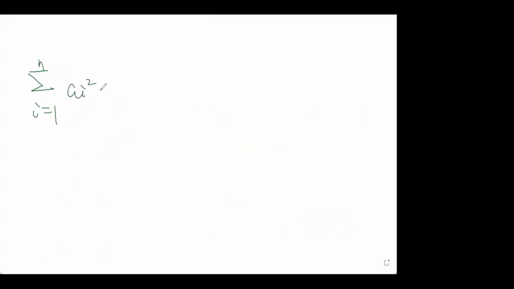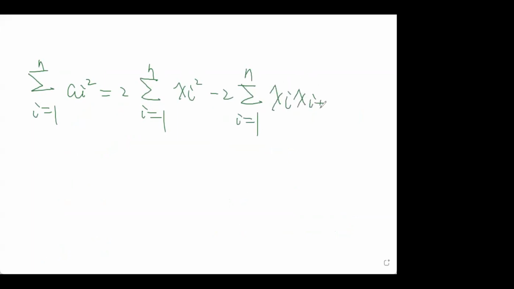So here you write it as: here is the sum of x_i squared times 2, minus 2 times the sum of x_i x_(i+1) cosine of phi i plus pi over n, after summing up the equation from 1 to n.